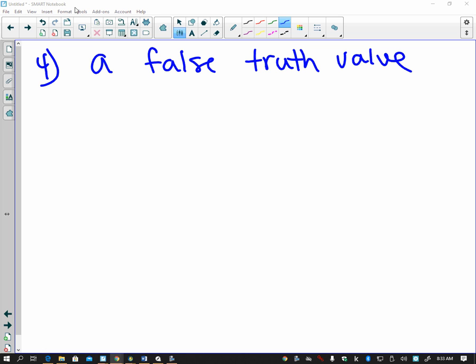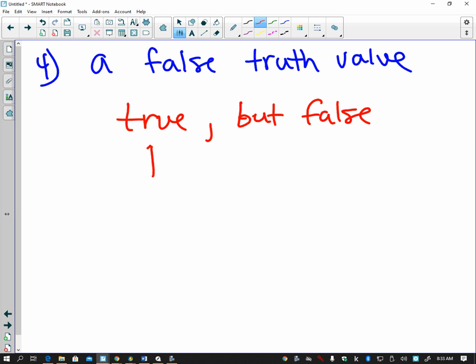All right, so when we are looking for something with a false truth value, what we are looking for is something that is true but false. Okay, let me explain. We want this first part to be possible, but we want the second part to be false in light of the first part.